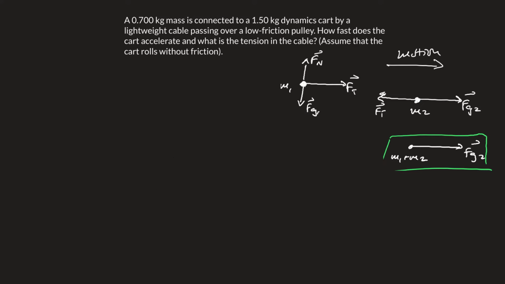The second part of this question asks us to determine the tension in the cable, so that's Ft. So we're going to start looking at where we incorporate Ft into our equation. So let's start off as we normally do with Fnet, and that is equal to ma.